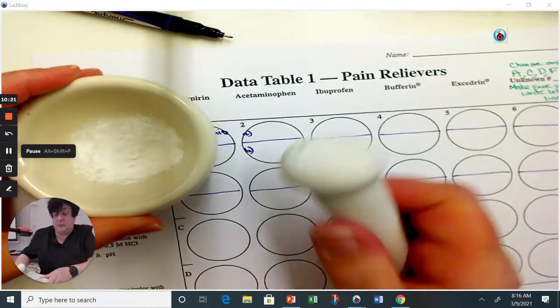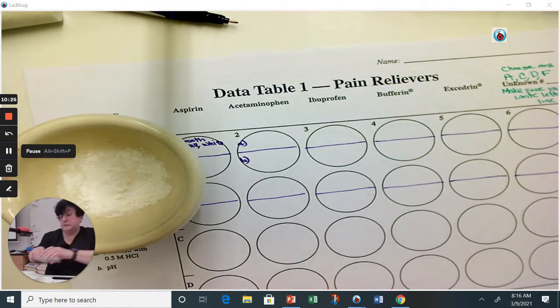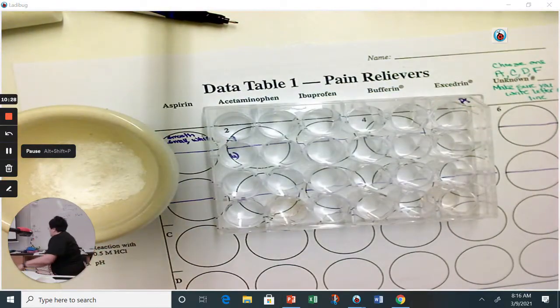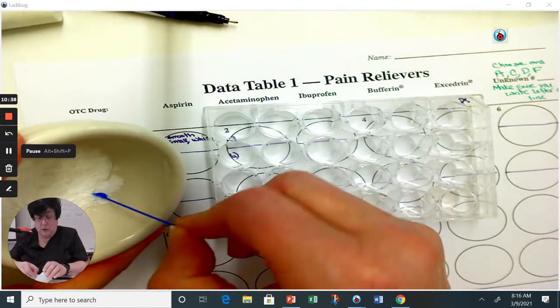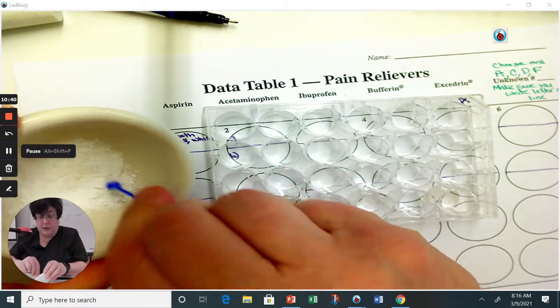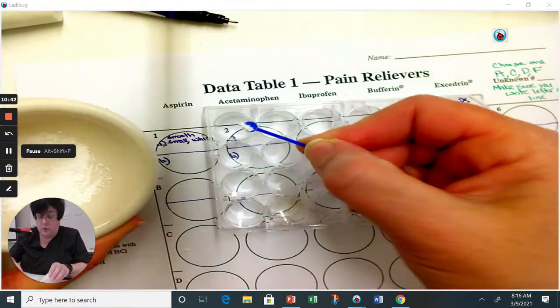Now I'm going to take some of this white powder, and I'm going to put it in each of these wells. You don't need very much at all, so I'm going to use this little scoopy thing, and actually I might go get a different one.